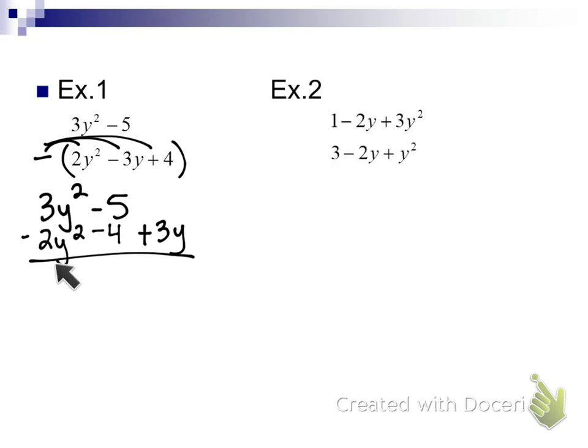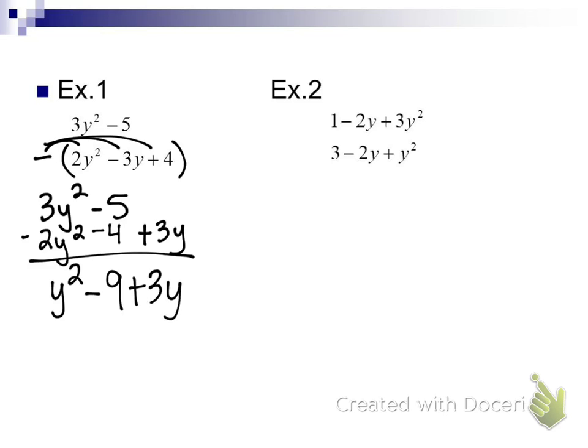So 3y squared plus a negative 2y squared is just 1y squared. Negative 5 combined with a negative 4 is negative 9. And then the 3y, is there anything to combine with it? No, so plus 3y.